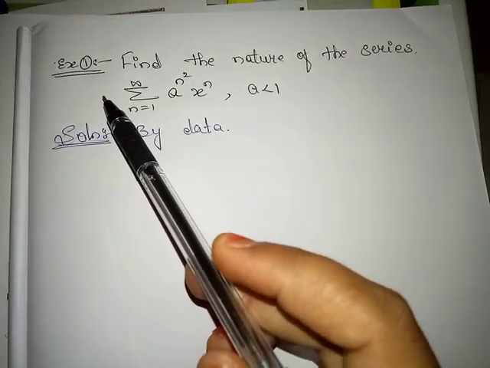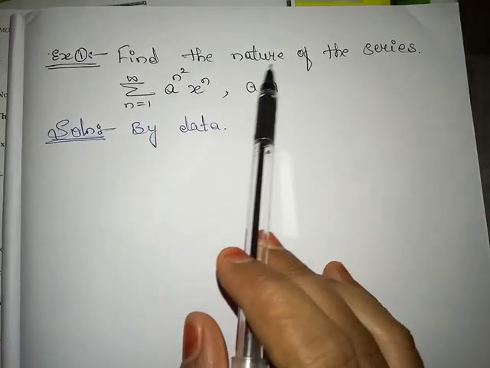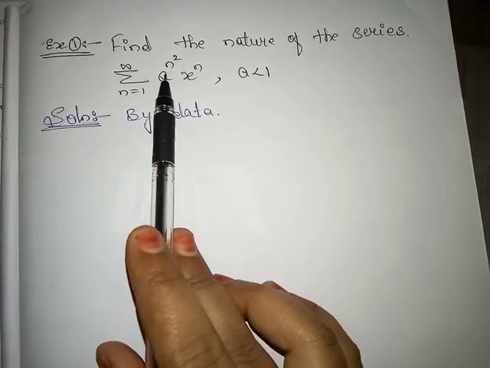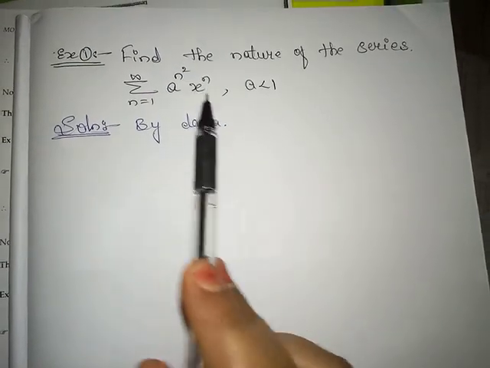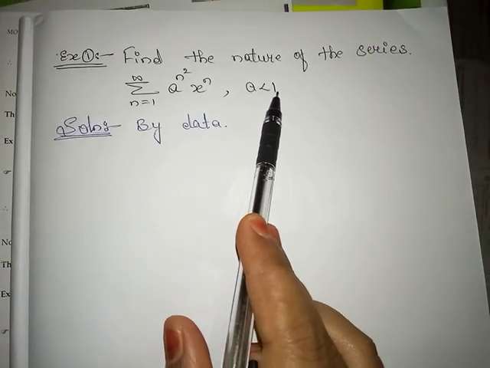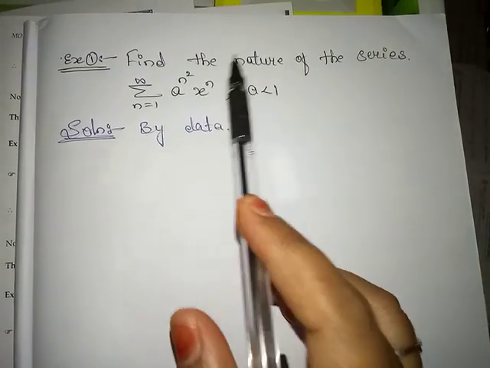First one, find the nature of the series summation n running from 1 to infinity a raised to n square x raised to n, where a is less than 1. This is our given example.